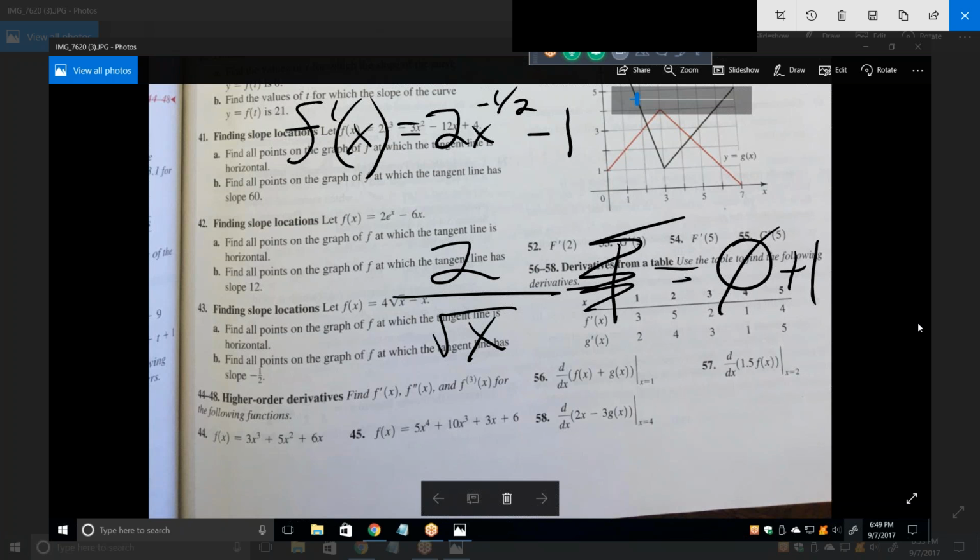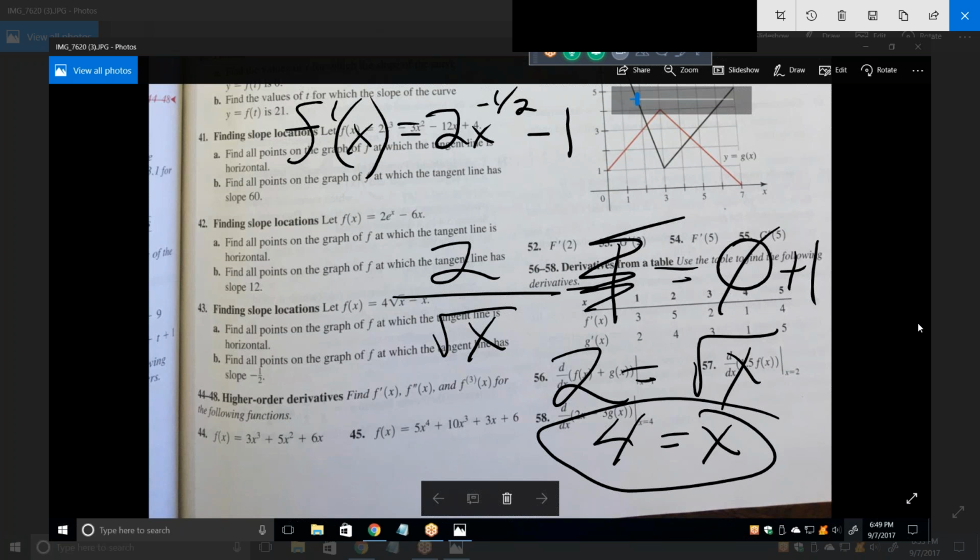Multiply by root of x. And then just square it, so I get 4 equals x. All right. So that's the point where the tangent line is 0 or horizontal.